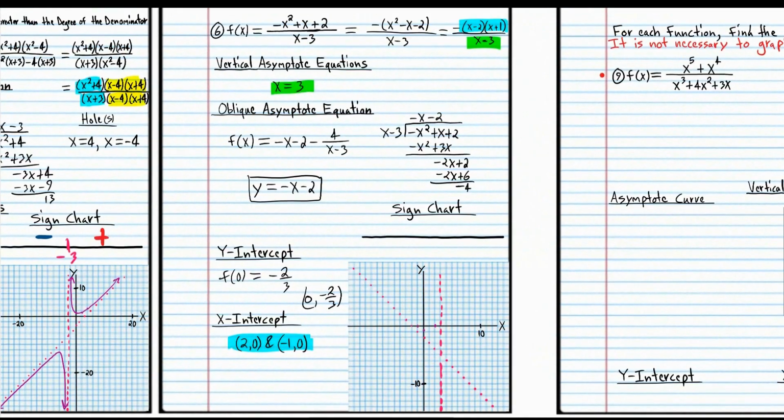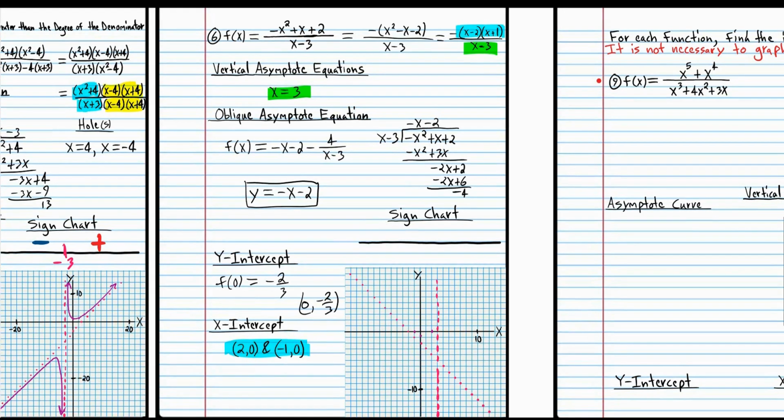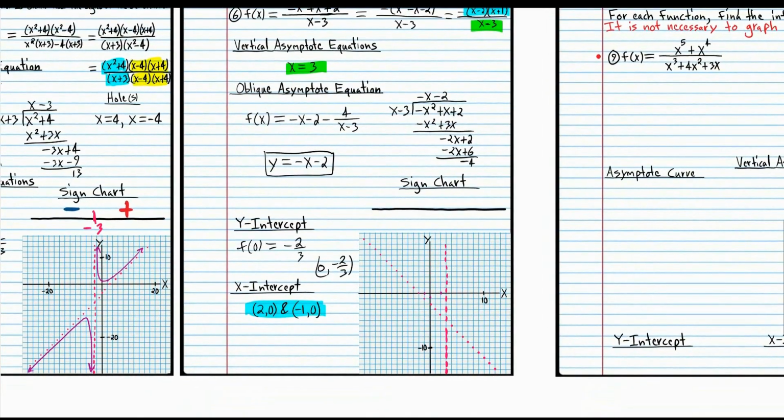So we have two asymptotes. And now we can do a sign chart.